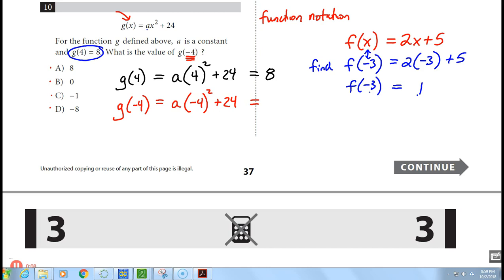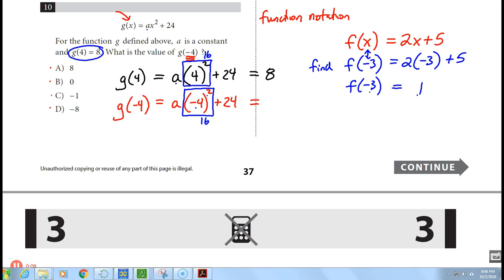The one thing I noticed right away, and this is kind of a trick question, is that I could figure out what a is from the top equation, and maybe I'll do that at the end, but it's not really necessary. Because if you look at this, 4 times itself is 16, but putting a negative 4 in there really did nothing, because negative 4 times itself is also 16.